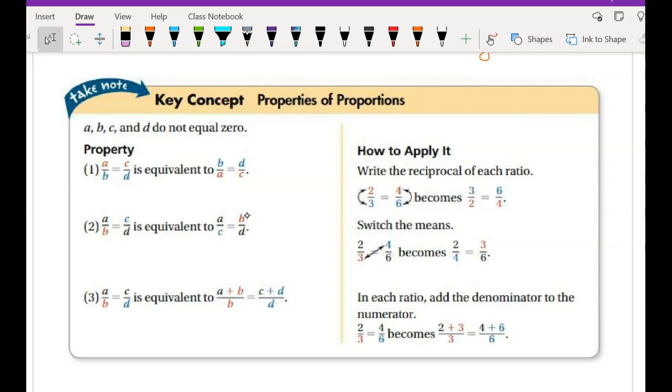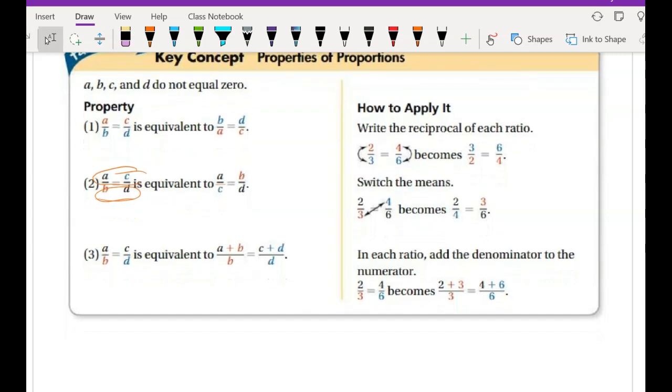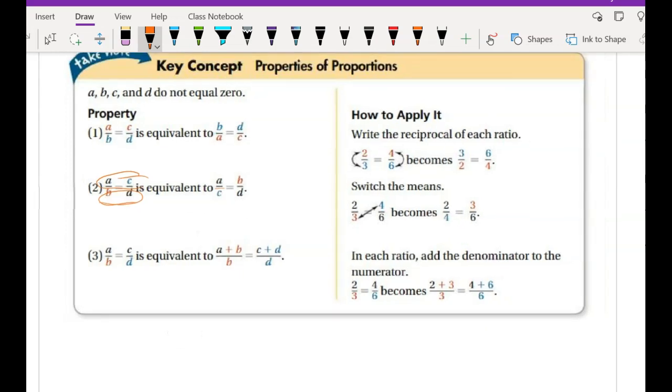So we said A to C is equal to B to D. And this last one, numerator plus denominator divided by denominator. Those are equivalent.